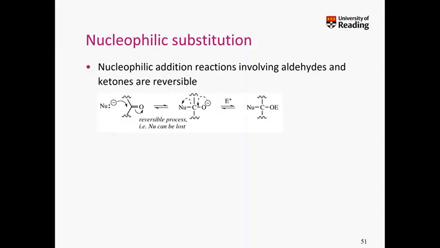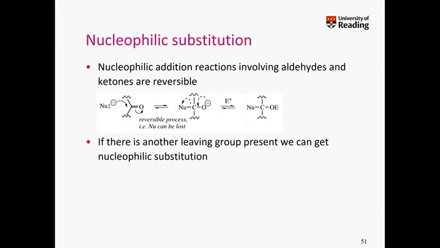Now, we can just take an electrophile and protonate the oxygen to give us an addition product, but we also recognise that if the nucleophile was a leaving group, then we can reform the carbon-oxygen double bond and do the reversible process. So that leads us to say, well, what if there are other leaving groups available?